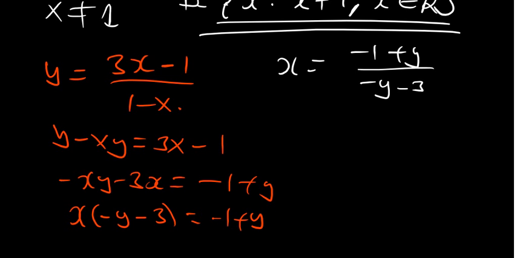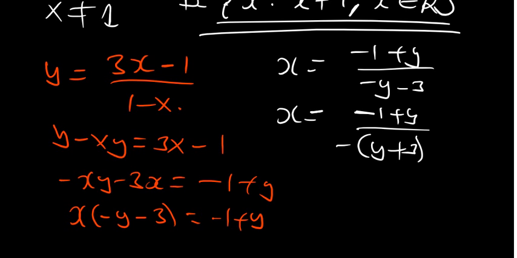I can factor out a negative down there. Then I divide by the negative on top, and I'm going to have x equal to 1 minus y over y plus 3.